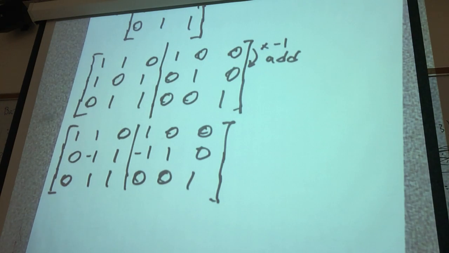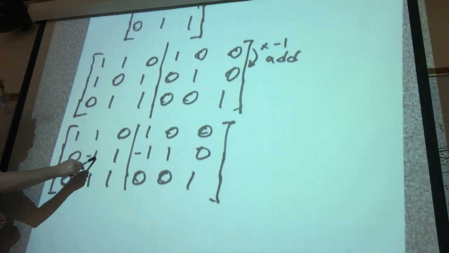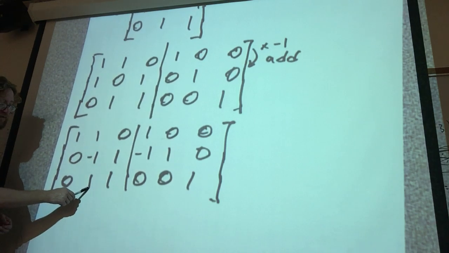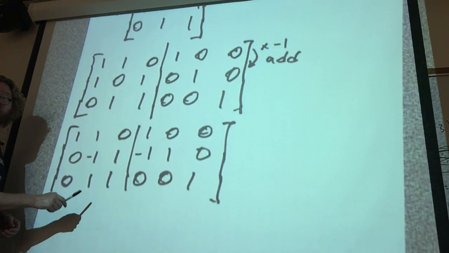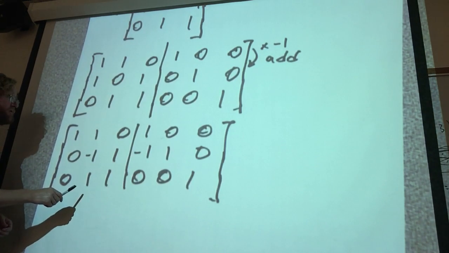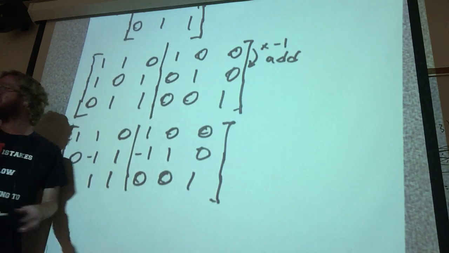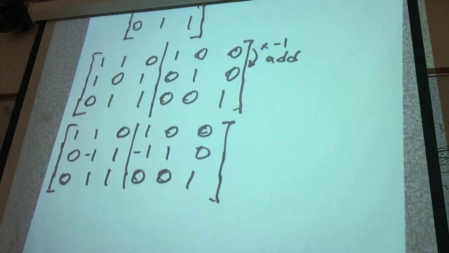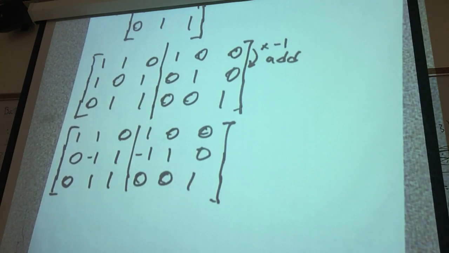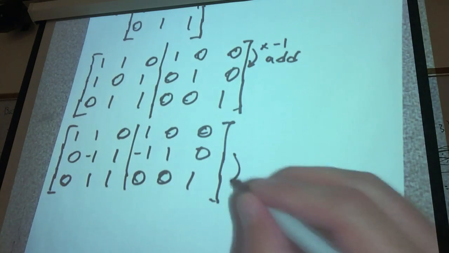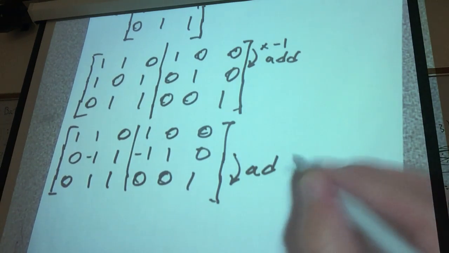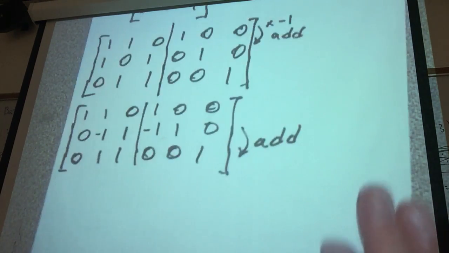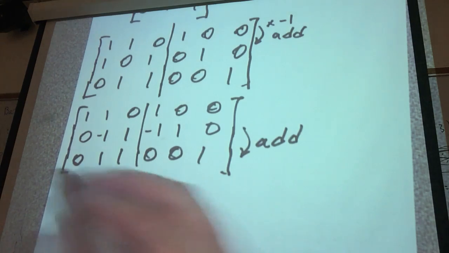Okay. Now the next thing that I want to eliminate, you want to eliminate the lower triangular portion first. So I need to get rid of that guy right there. So I'm just going to take this row and add downwards because that -1 and the +1 will cancel each other out. Okay. So I'm going to take this row and just add it to the bottom row. Middle row added to the bottom row.